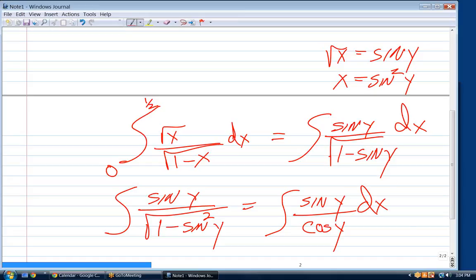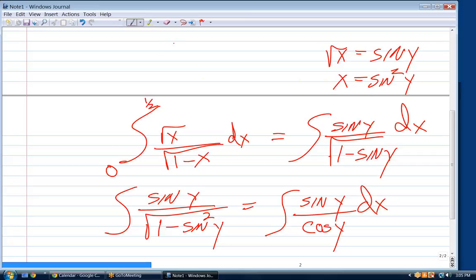Now, we cannot integrate a function in y with a dx. So we need to figure out what dx is. Well, if I go up here and take the derivative of that, that'll give me dx dy.